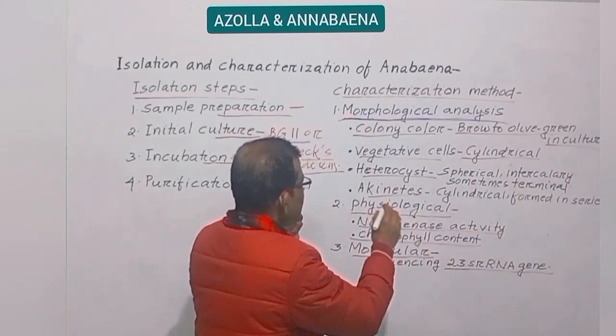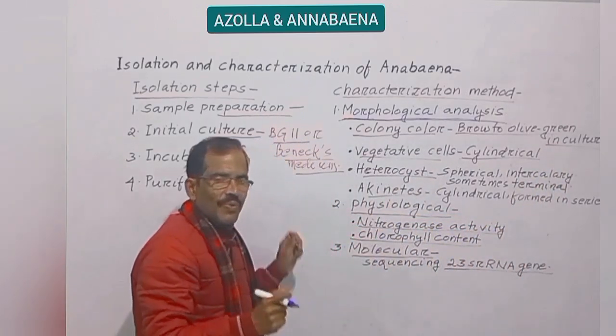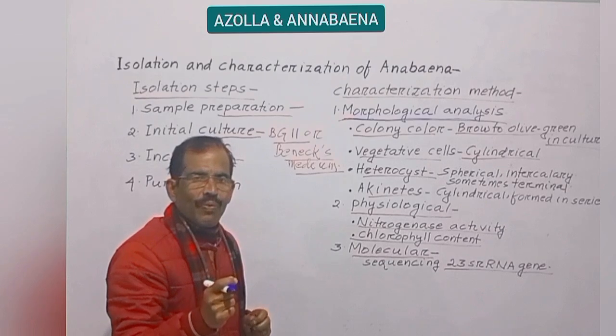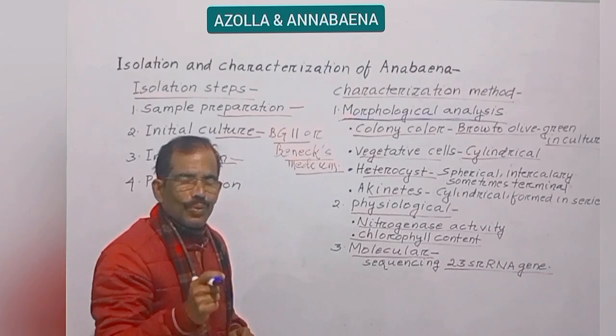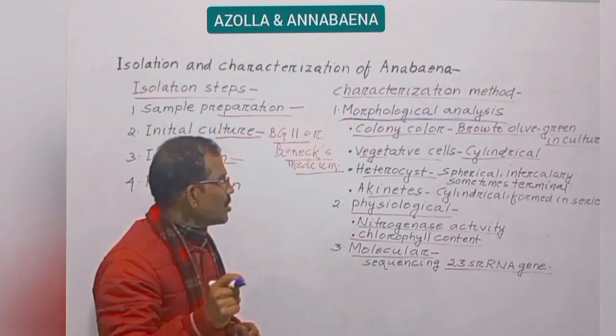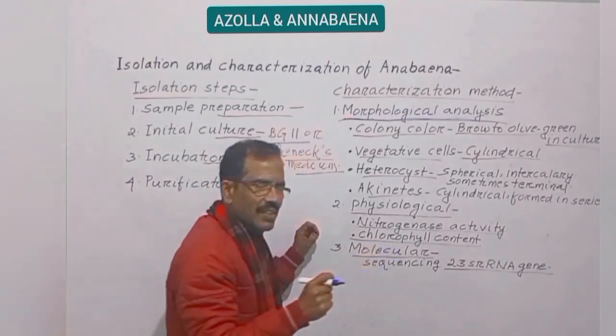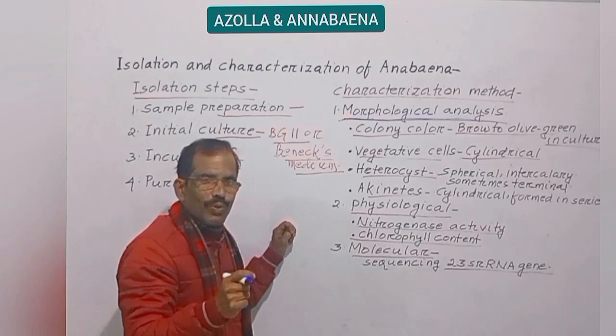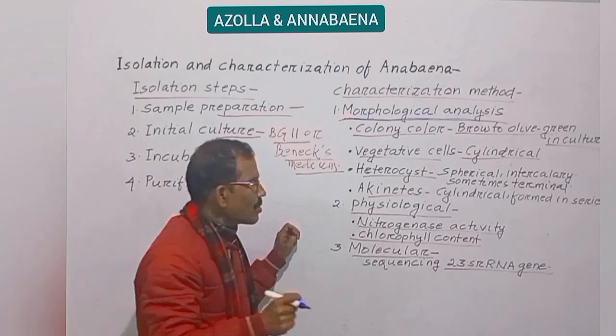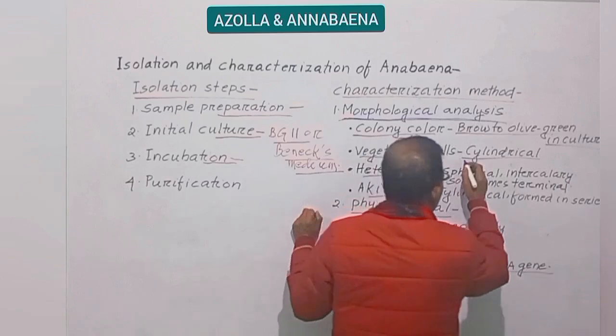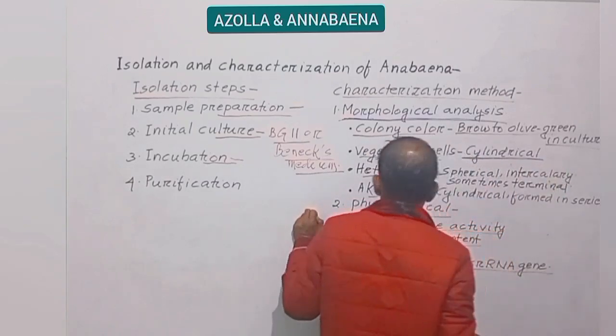Next is vegetative cells. Examination of Anabaena filaments under the microscope to know about the size and shape of vegetative cells is also useful to confirm the identity of the Anabaena species. The vegetative cells should be cylindrical.